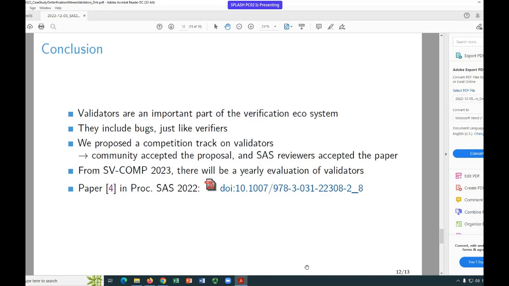But inside a category where many verification tools participate, there could be one program that is so sophisticated that only one machine can solve it and nobody else. And then we would have to trust basically the contributor of the verification task that the expected result is correctly set.